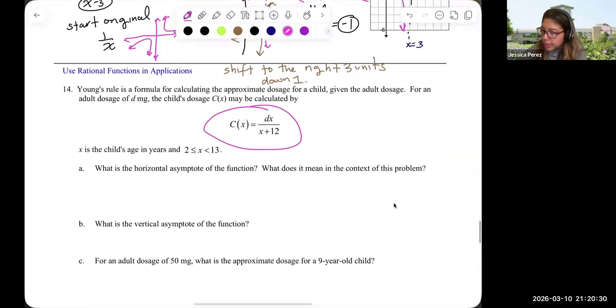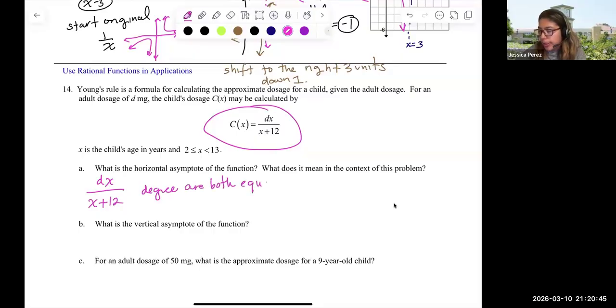So just the way as is, if we look at Dx over x plus 12, we would say, okay, we would have to look at the degree. So the degrees are both the same. So then we look at the coefficients, which is D over 1. And what does that mean?